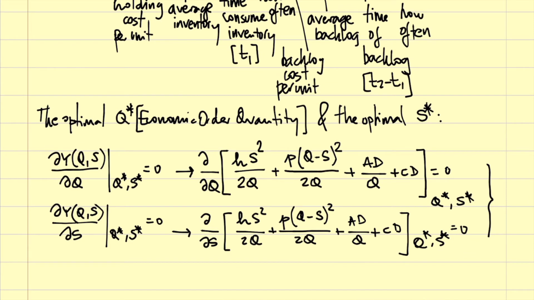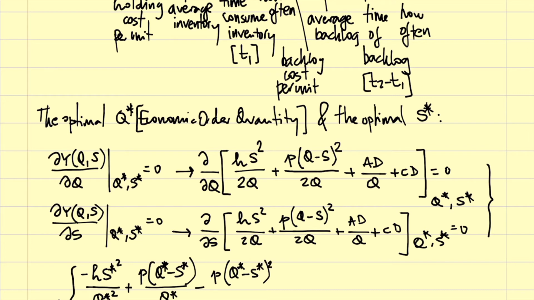So, this yields the following equations. The first one: minus H S star square divided by Q star square plus P times (Q star minus S star) divided by Q star minus P times (Q star minus S star) square divided by 2 times Q star square minus AD divided by Q star square equals 0.